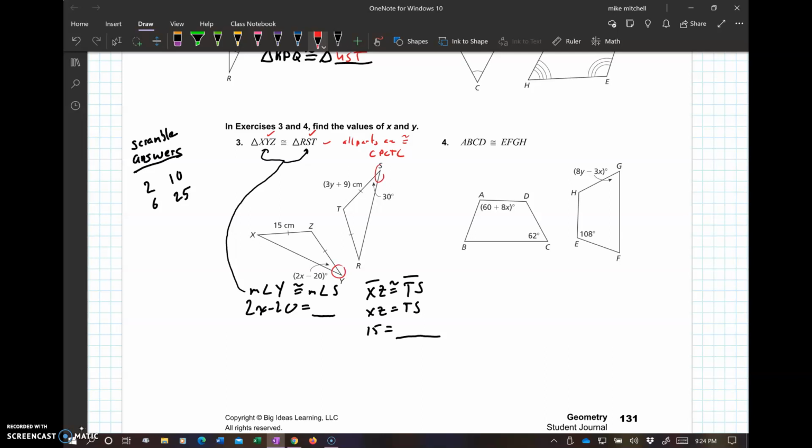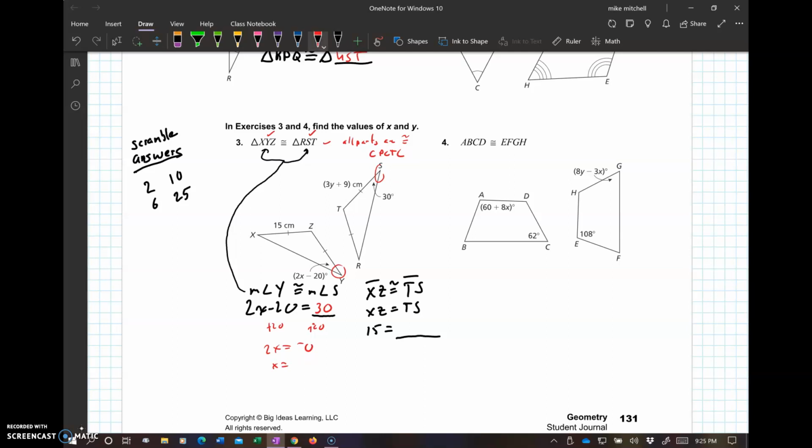So 2x minus 20 has to equal, what's the measure of angle S? Strategic pause. 30. Hopefully you got that. And then you can solve that. Plus 20, that gives me 2x equals 50, so x equals 25.